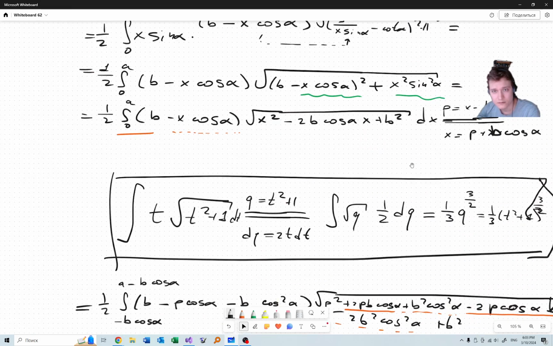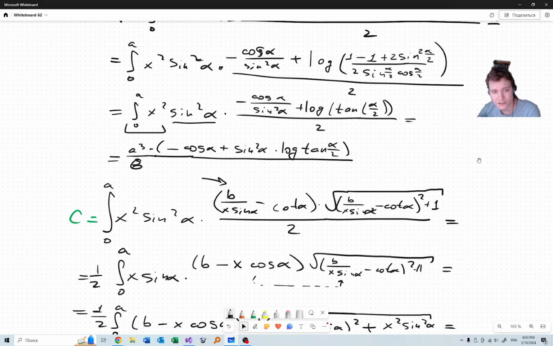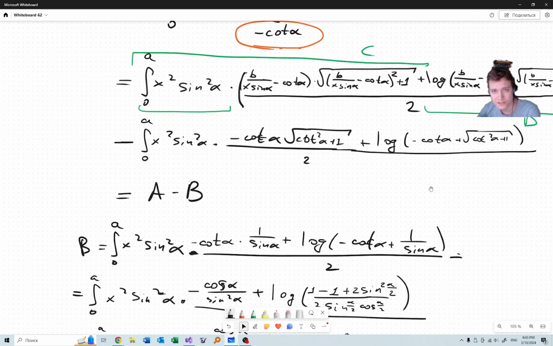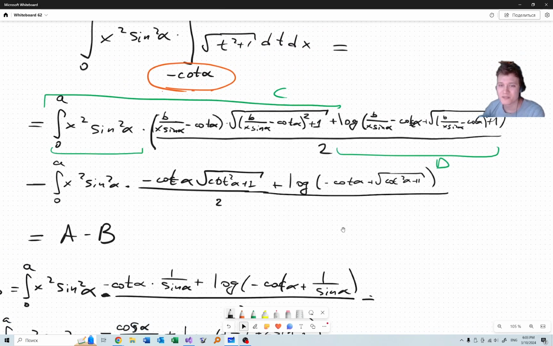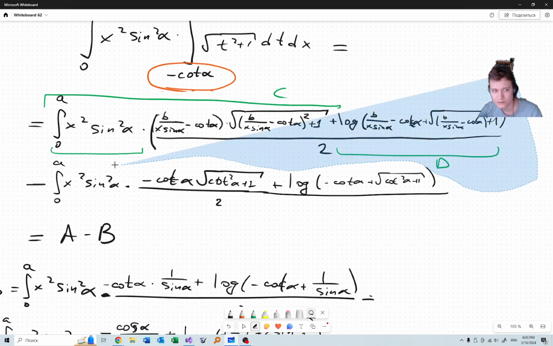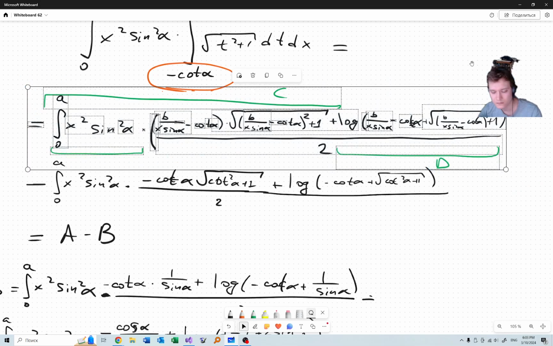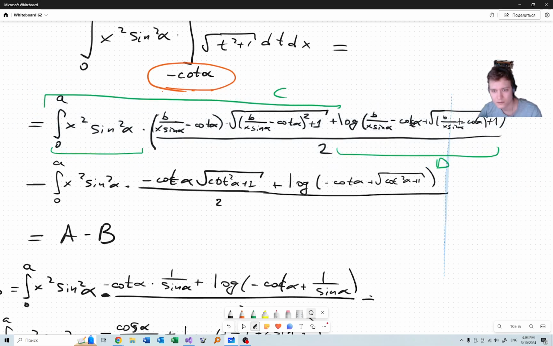Finally, we also need to calculate d. D is, if you still remember, this part of the integral. So let's copy this integral. And then I will calculate d.